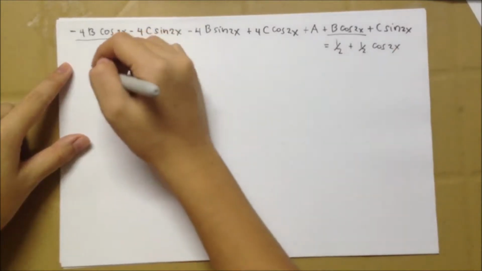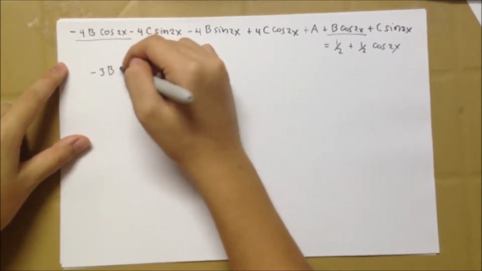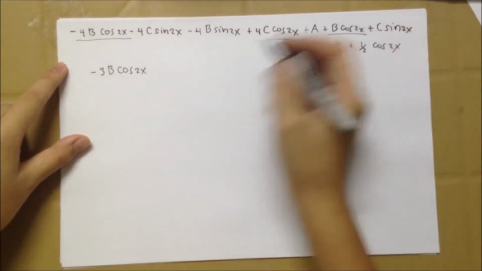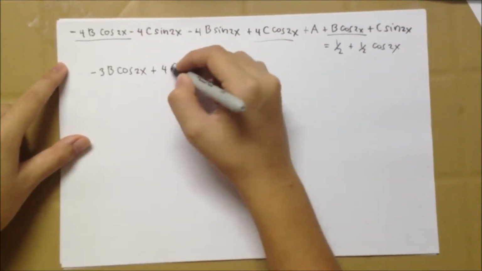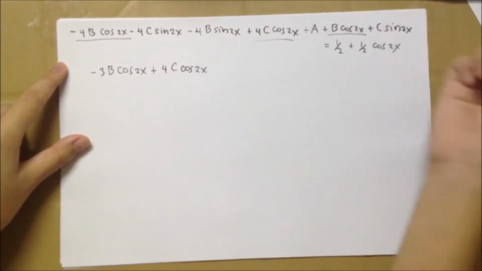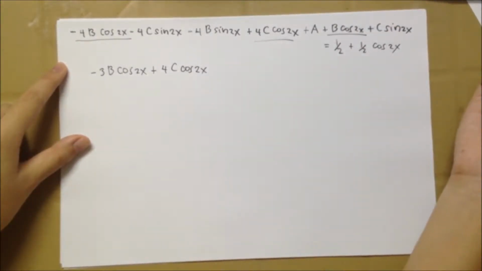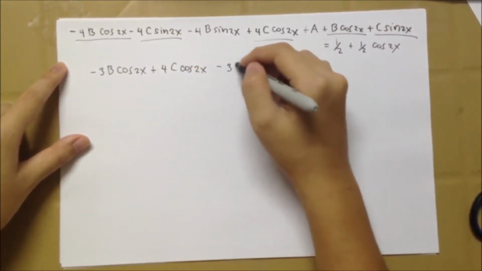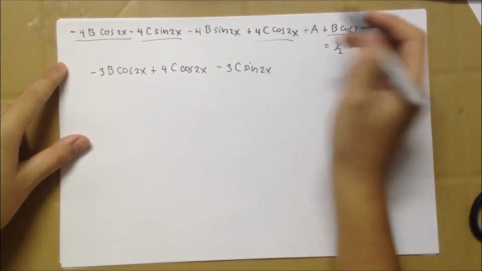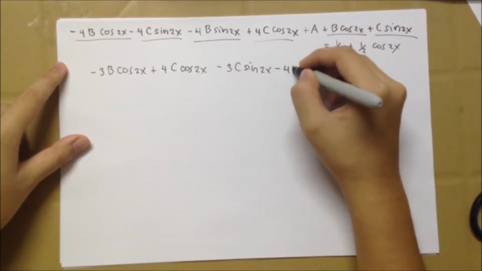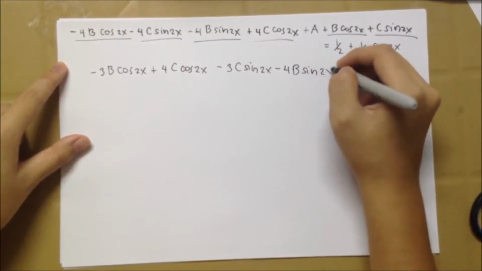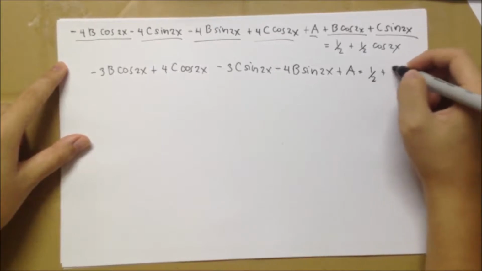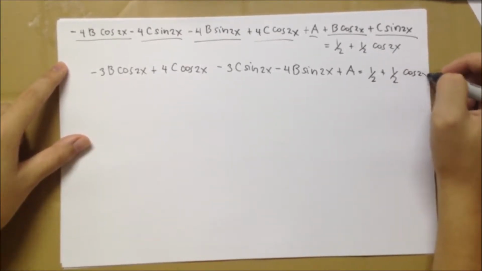So I will have negative 3b cosine of 2x, and another one here, plus 4c cosine of 2x, and another one should be this one and this, so minus 3c sine of 2x, and this minus 4b sine of 2x, plus a, don't forget that. This is equal to 1/2 plus 1/2 cosine of 2x.